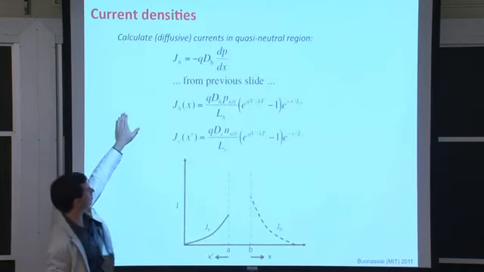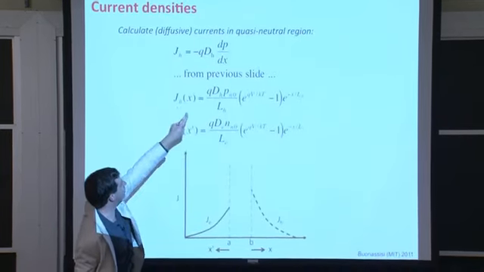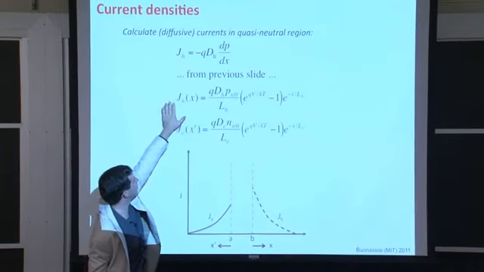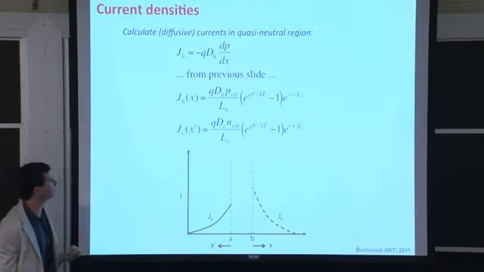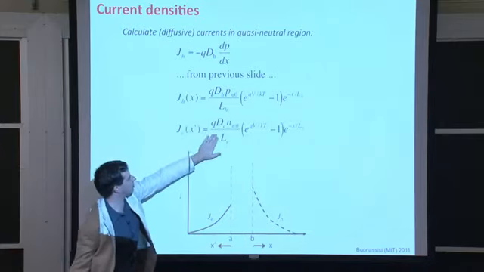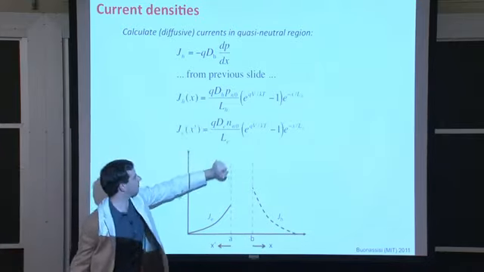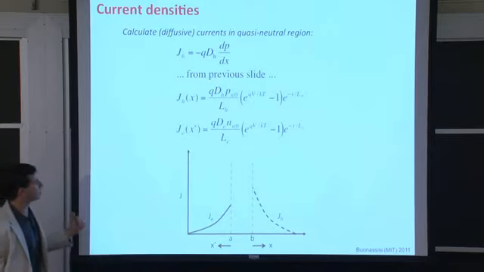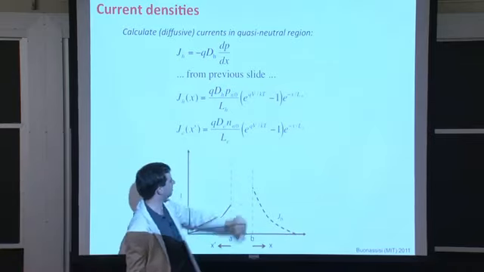And so if we walk through, again, the diffusion equation, the diffusion of carriers at the edge of the space charge region, and from the previous slides add our approximations in, we will ultimately derive an expression that has an exponential relation between current and our voltage.